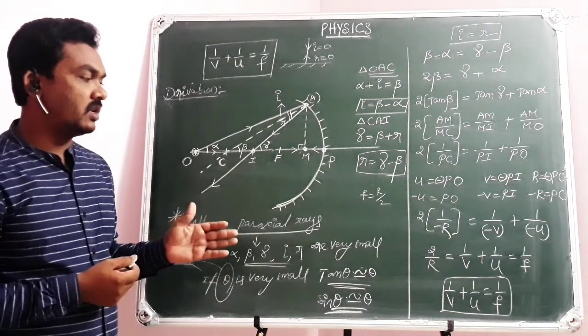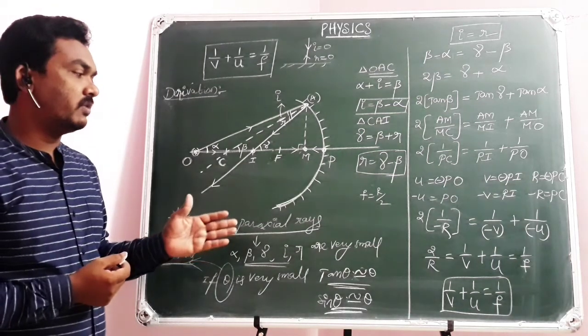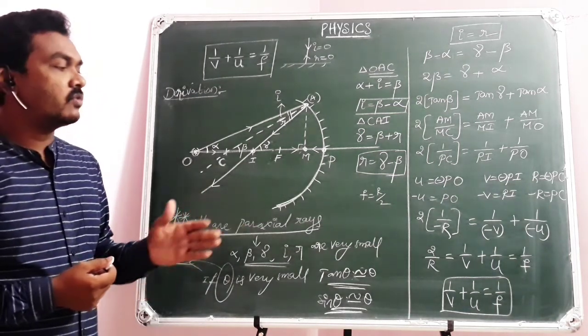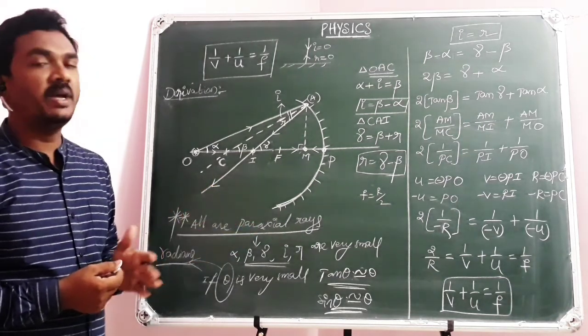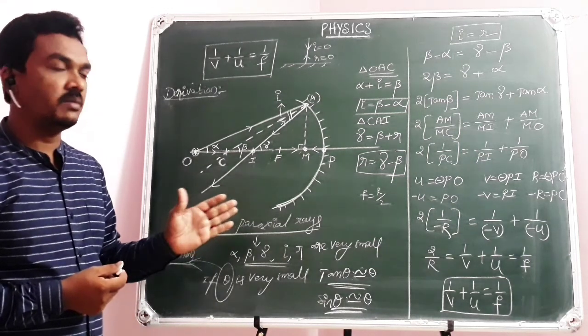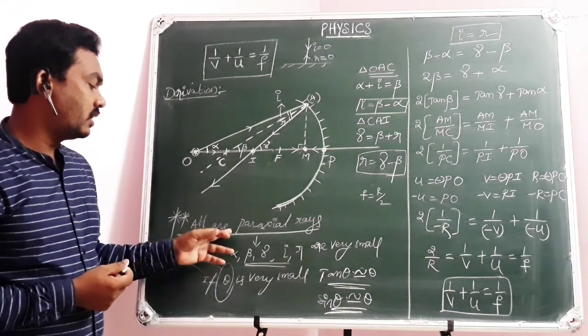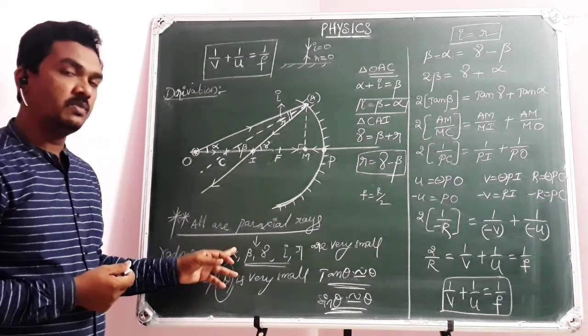The object distance U, the image distance V and the focal length F are connected by an equation called the mirror formula: 1 by V plus 1 by U equal to 1 by F, which equals 2 by R because F is equal to R by 2. Under some terms and conditions the mirror formula is derived. Here are the terms and conditions: all are coaxial light rays, angles are very small.